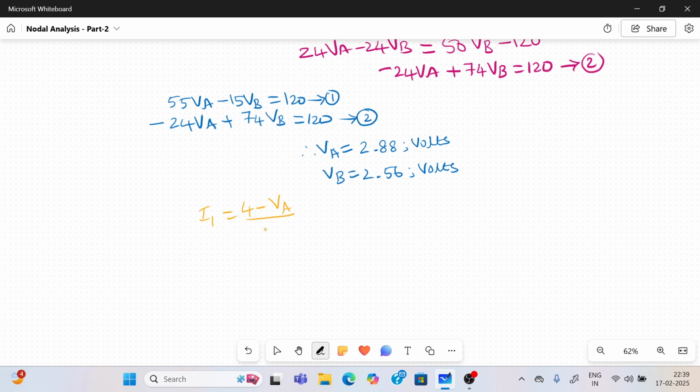What is the value now? 4 minus, what about your VA? 2.88, divided by 5. What is your I1?